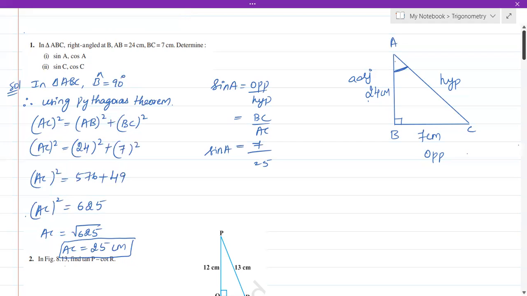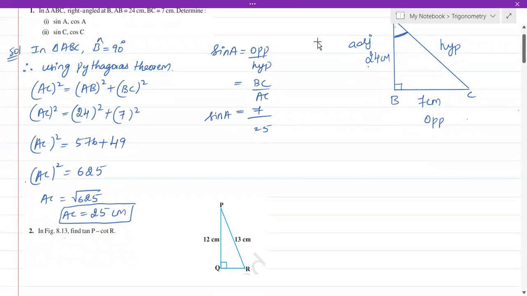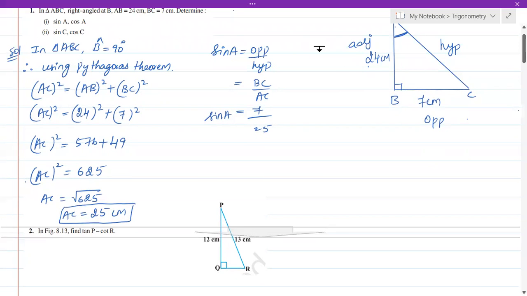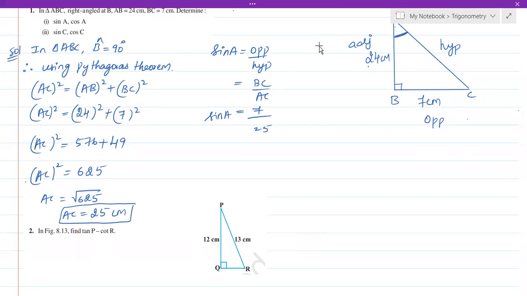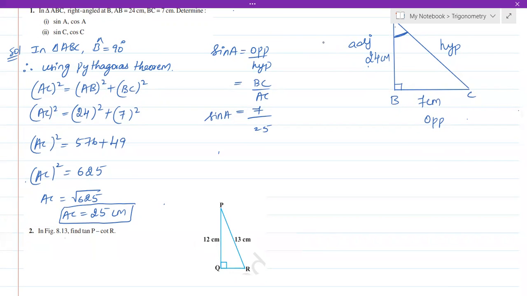Similarly, let's find cos A. Basically, cos is adjacent by hypotenuse.